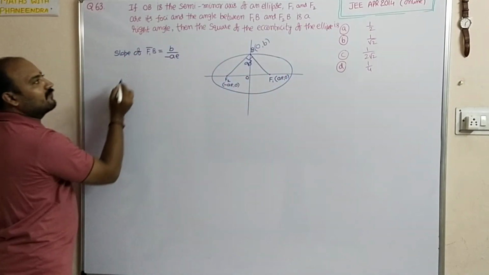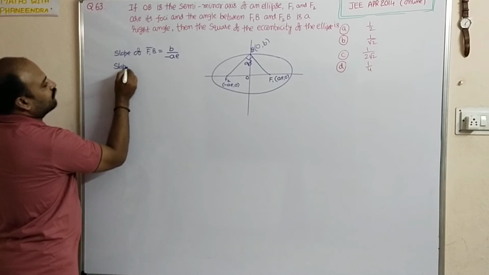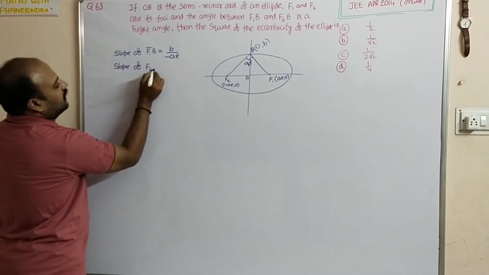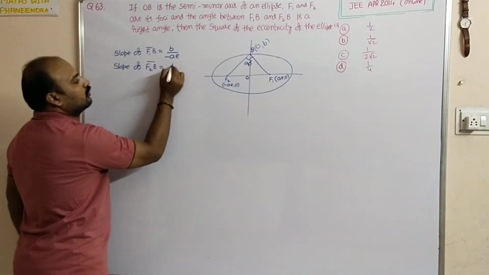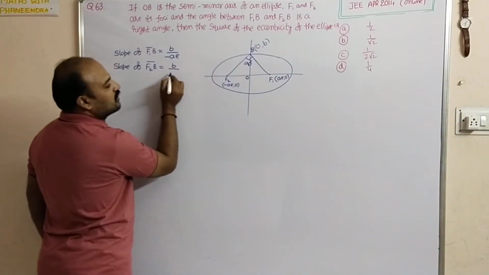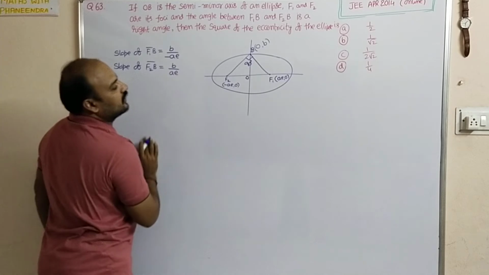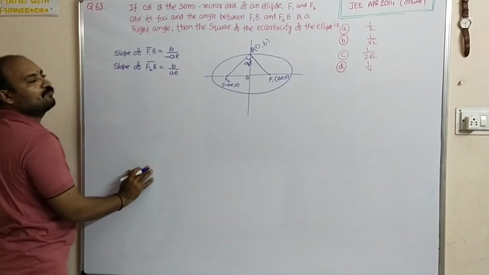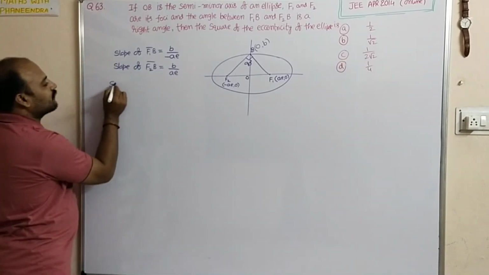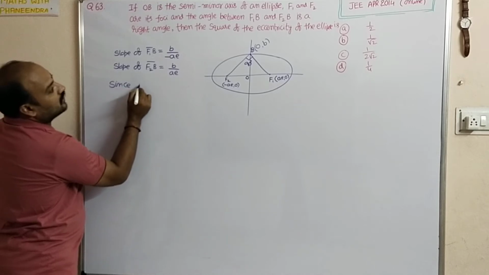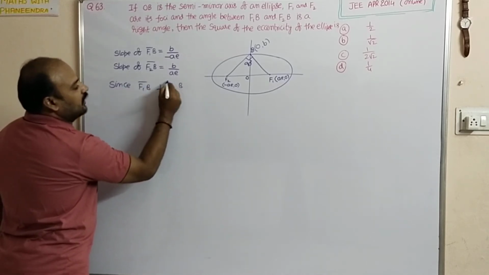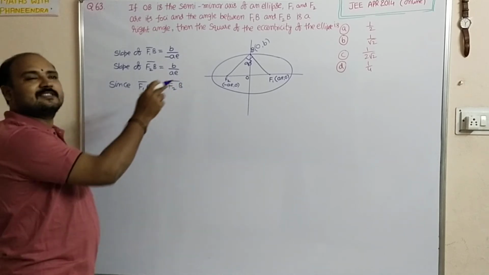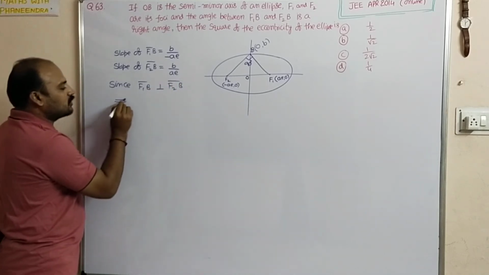So slope M1, and the slope of F2B is b minus 0 divided by 0 minus of minus AE. Since F1B is perpendicular to F2B, whenever two lines are perpendicular, the product of the two slopes equals minus 1.